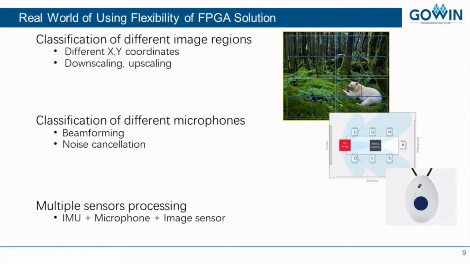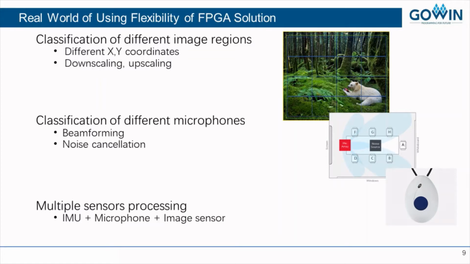Third one is doing multiple different sensors and processing multiple sensors. So you can use the same hardware platform to, say, handle situations where you want to really use multiple sensors to understand what's going on.